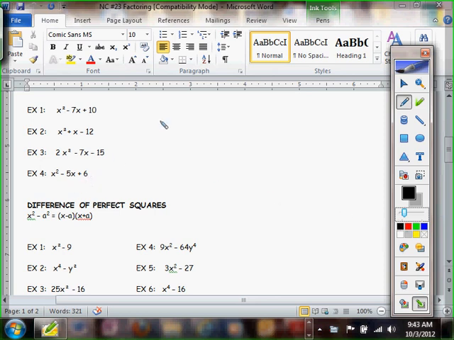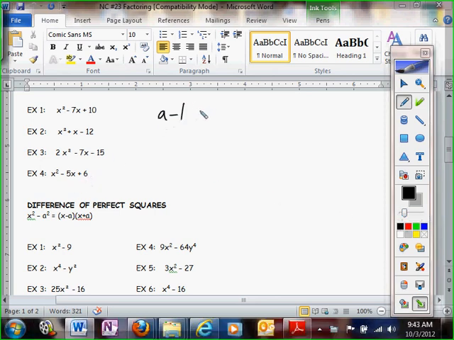So I have A is 1, B is negative 5, C is 6. First step, A times C is 6. And my signs are going to be the same. They're both going to be negative or minuses.